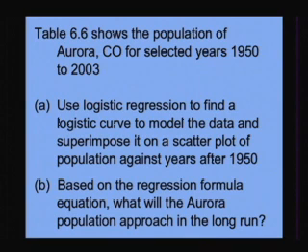A, use a logistic regression, which we'll do on the calculator, to find a logistic curve to model the data, and then superimpose that curve on the scatter plot of the population against the years after 1950. B, based on the regression equation, what will the Aurora population approach in the long run?